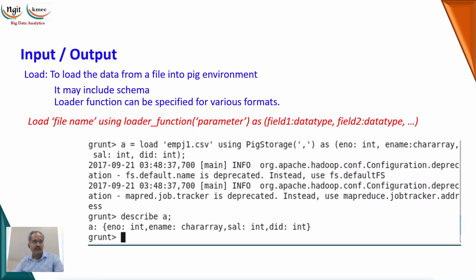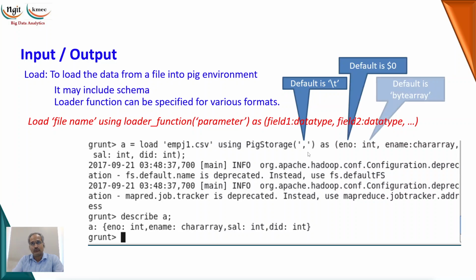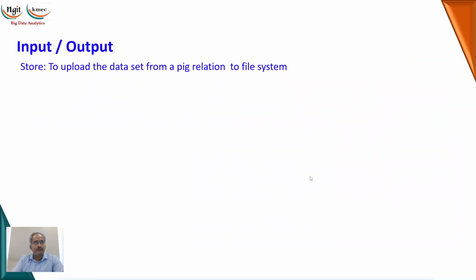So like this, it will provide the schema, right? And yes, this is the default. By default, it is tab separated PigStorage, and by default the field name will be dollar zero, and by default the data type is bytearray.